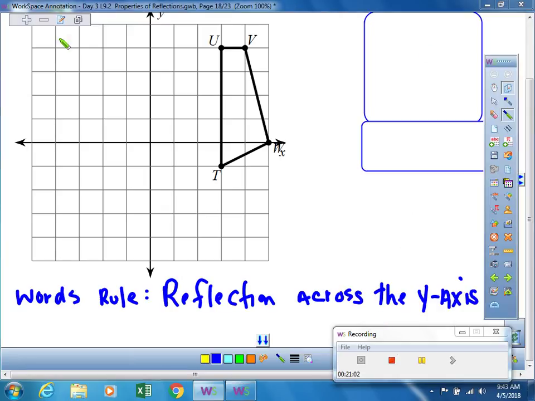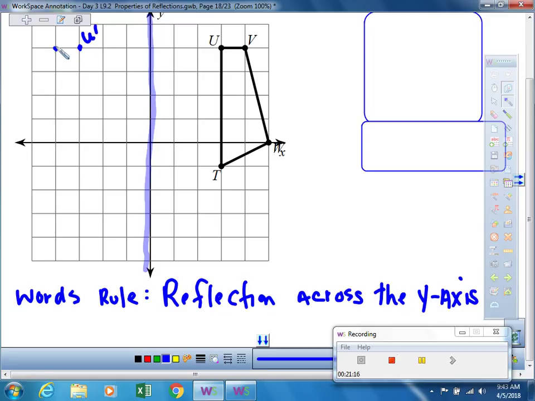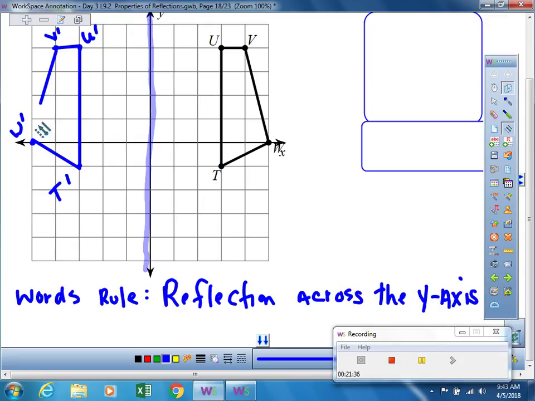So you should have gone over the y-axis. Reflection across the y-axis. All right.